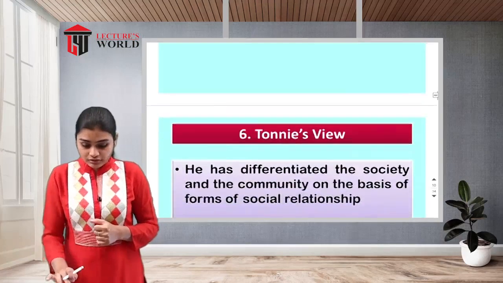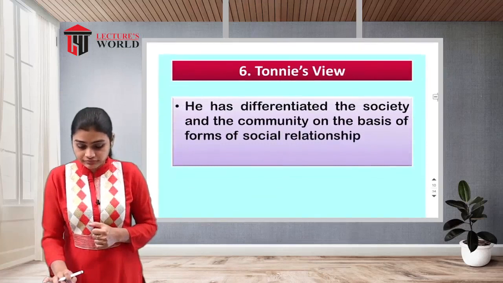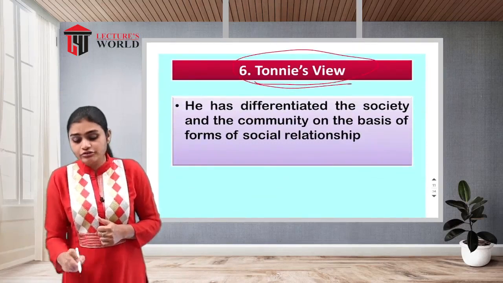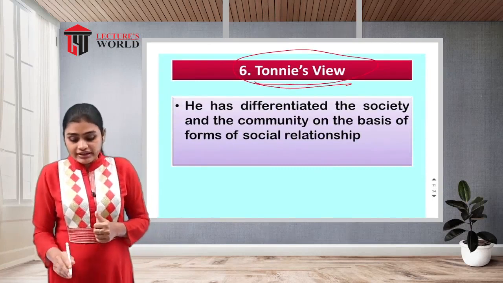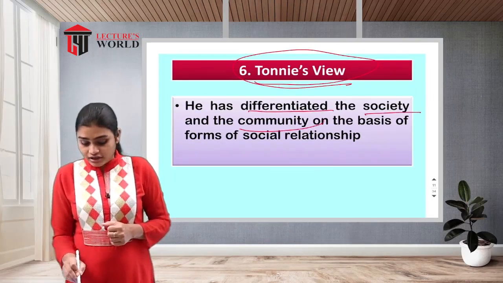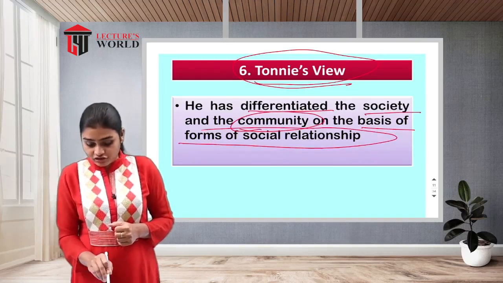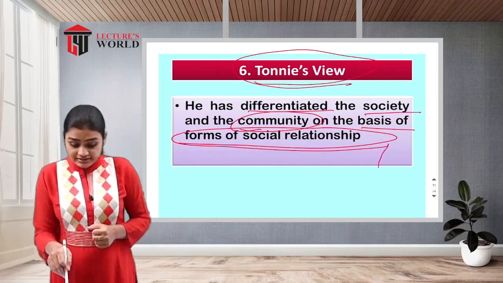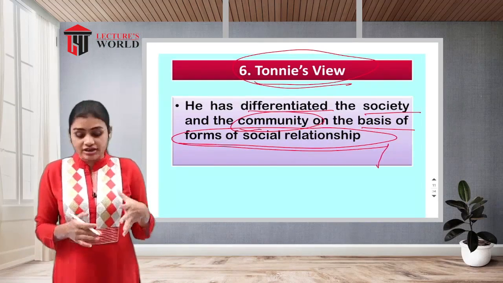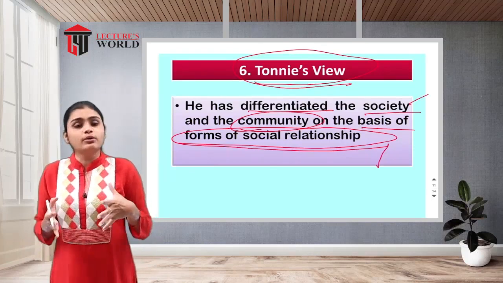The next sociologist is Tönnies. According to Tönnies's view, he has differentiated society and community on the basis of forms of social relationship. For example, what is society?